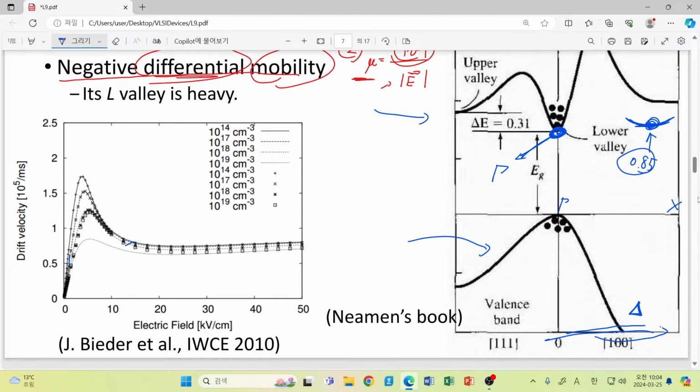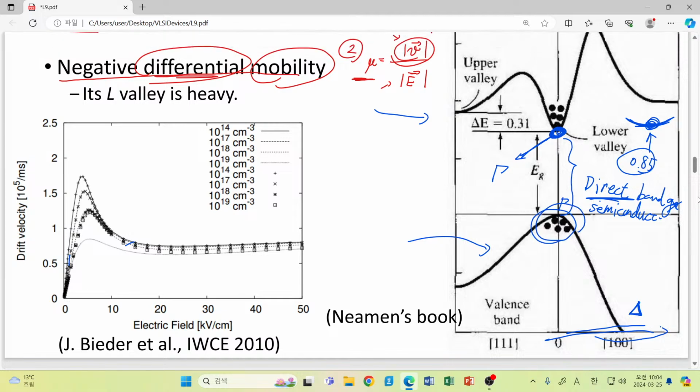Therefore gallium arsenide is called a direct semiconductor, or direct band gap. It has a direct band gap because the K point for having EV and the K point for having EC are identical.